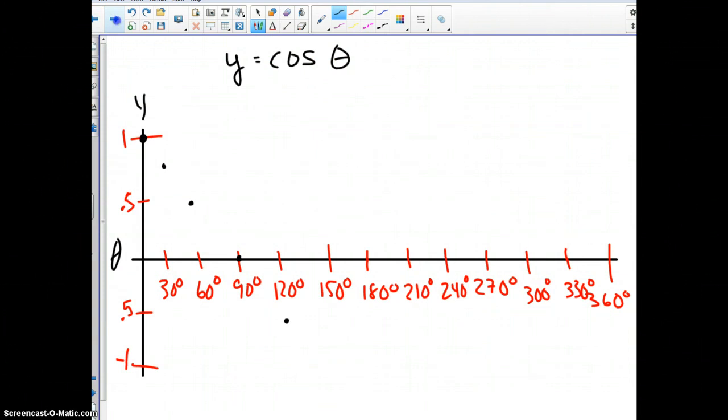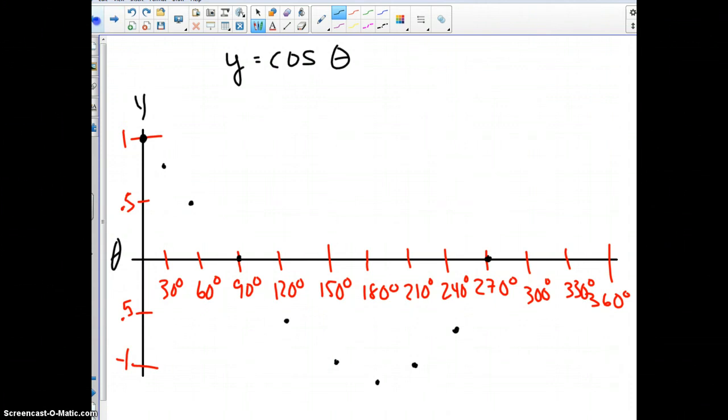As the pattern continues, just like with the sine function, 150 is going to be -0.866. At 180 degrees, the x-coordinate is -1. Going on to 210, you're back up to about -0.866. At 240, you're back up to -1/2. Moving on to 270, the x-coordinate there is 0.